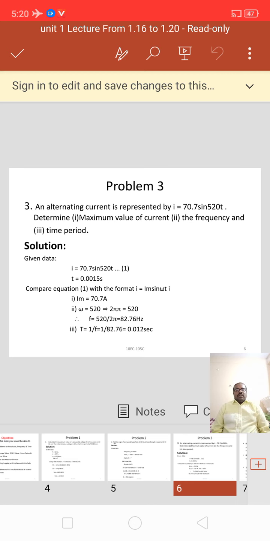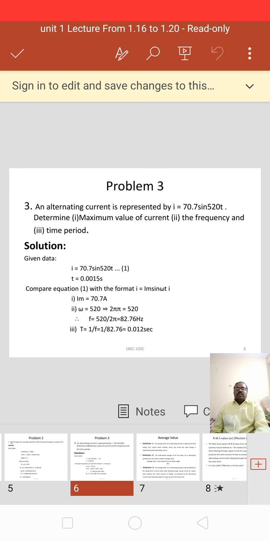Next, t equal to 1 by f, equal to 1 by 82.76, that equals 0.012 seconds. From the relation i equal to Im sin omega t, we deduce these three values: maximum value of current Im equal to 70.7 amperes, f equal to 82.76 hertz, and t equal to 0.012 seconds.